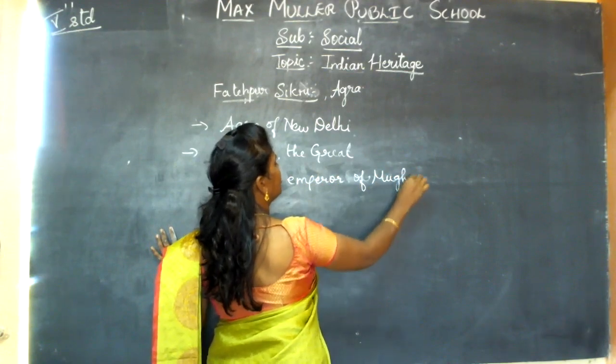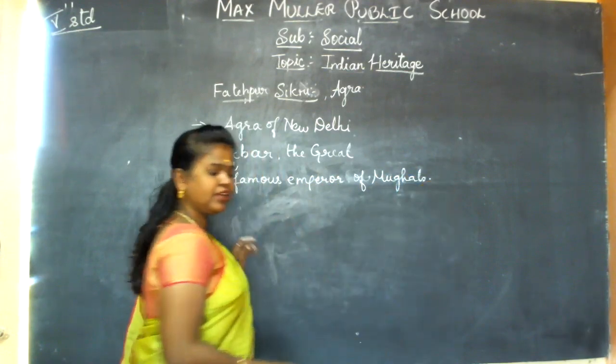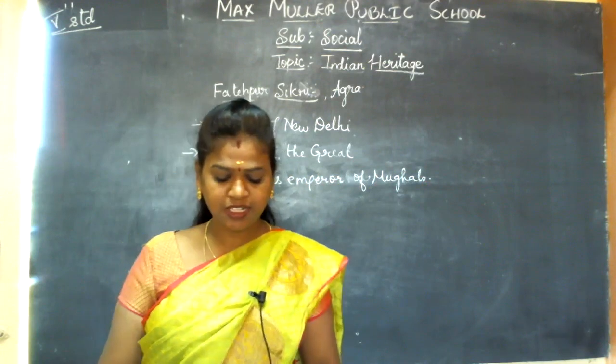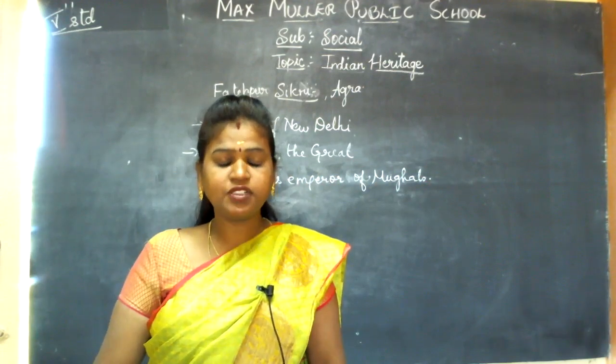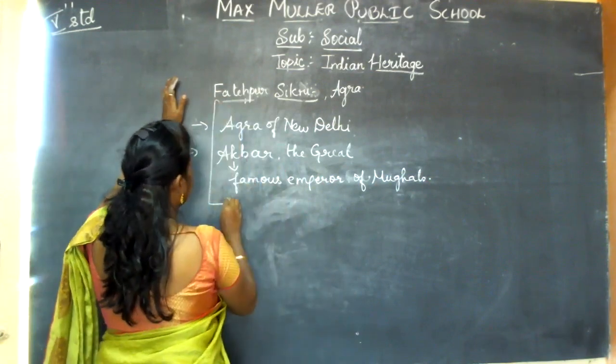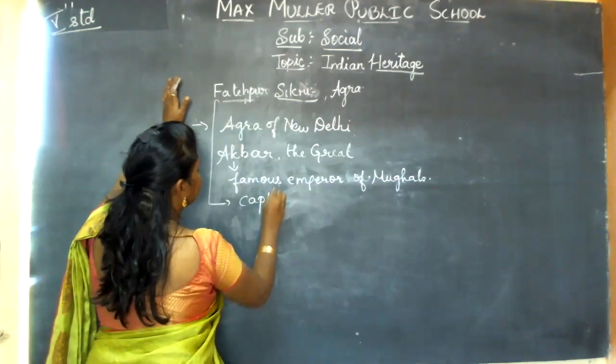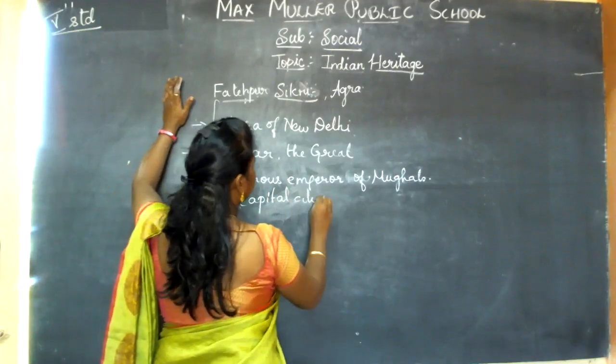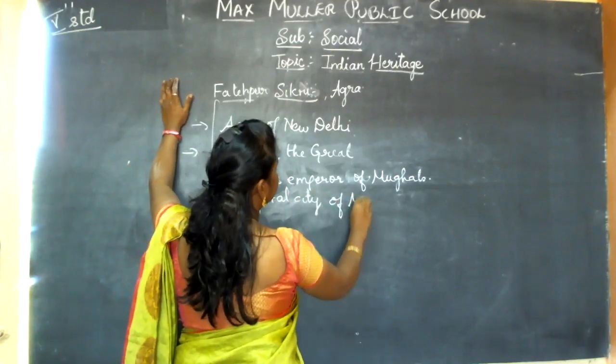He was a famous emperor of the Mughals, and Fatehpur Sikri was the capital city of the Mughals. It was known as the capital city of the Mughals.